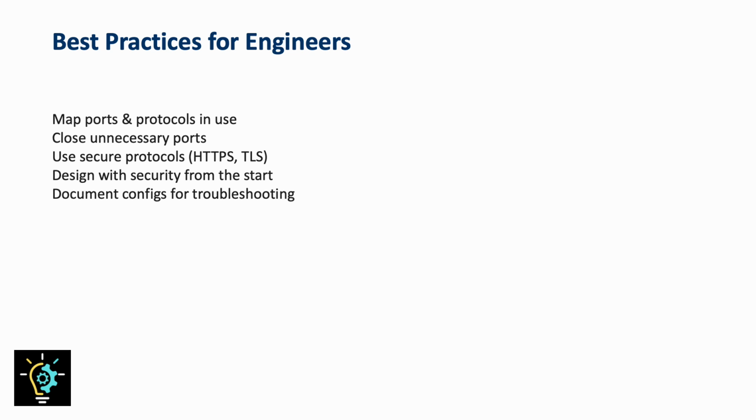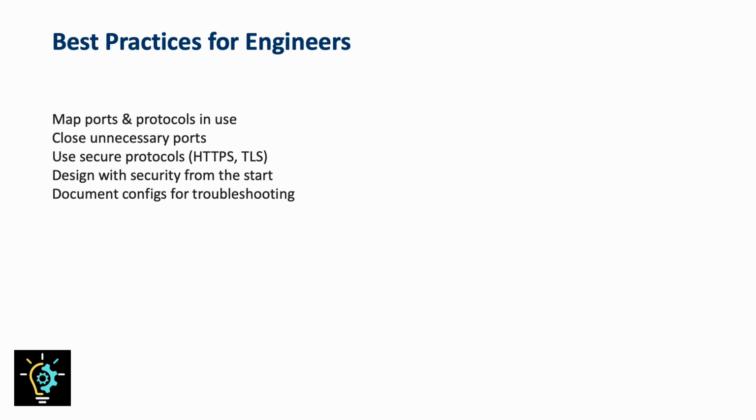What can healthcare and IT teams do? Start with mapping out what protocols and ports your devices actually use. Avoid leaving unnecessary ports open and configure firewalls carefully. Use secure versions of protocols, for example, HTTPS instead of HTTP.